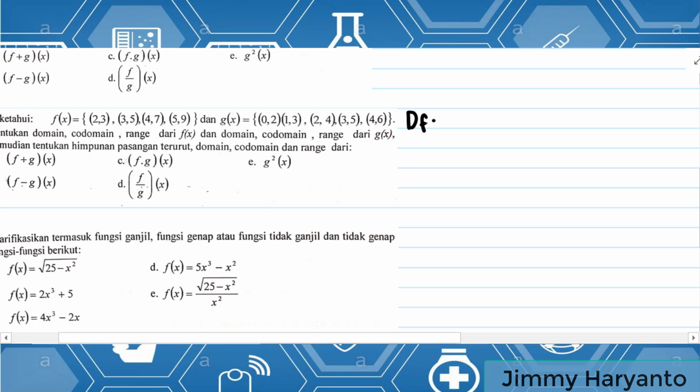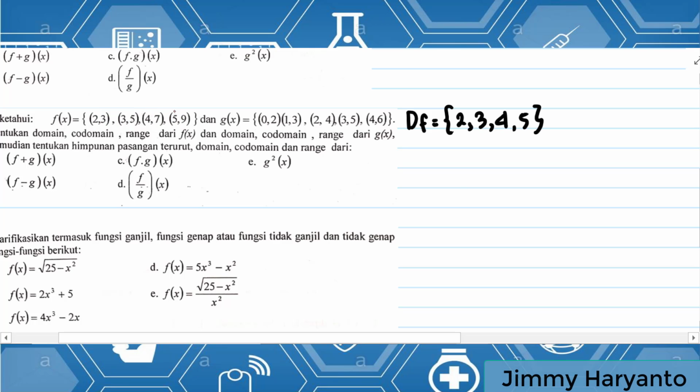First I will write the domain of f(x) will be, we have 2, we have 3, we have 4, and then we have 5. What is the domain of f(x)? The domain of f(x) is the set of values of x from f(x). So it will be this one, this one, this one, and this one. Okay, 2, 3, 4, and 5.